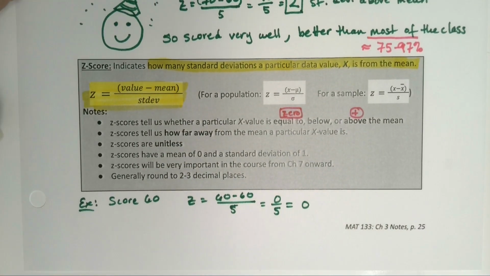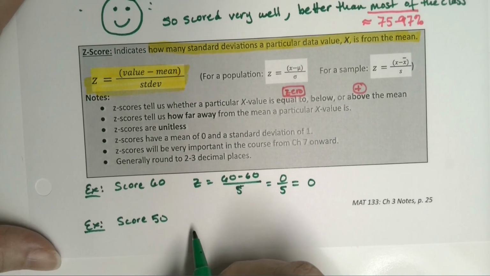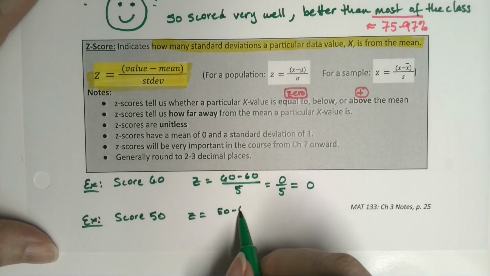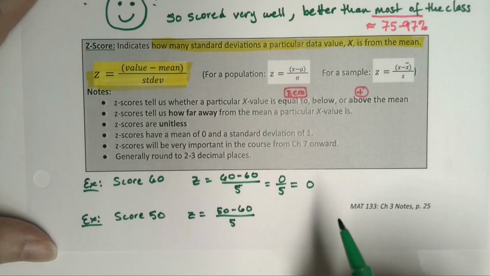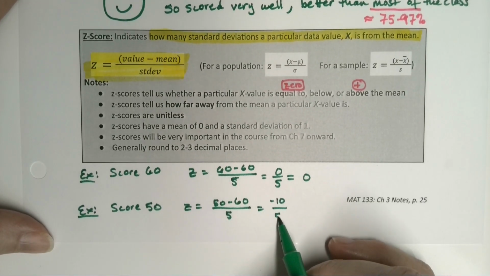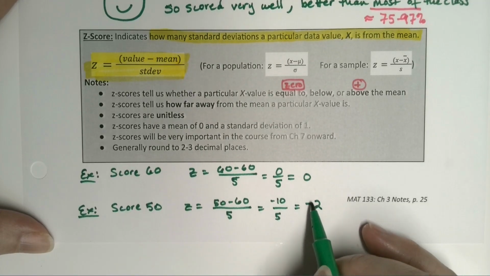All right, what about below the mean? Let me give you another example. If your score was 50, then your z-score would be 50 take away 60 divided by 5. 50 take away 60 is negative 10. A negative divided by a positive is negative, so it becomes negative 2.